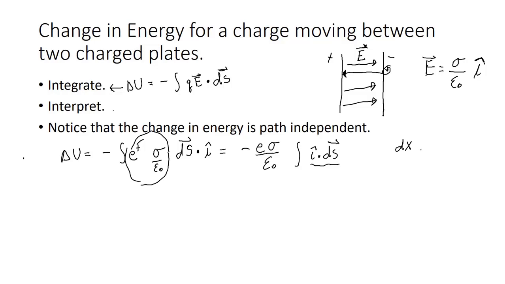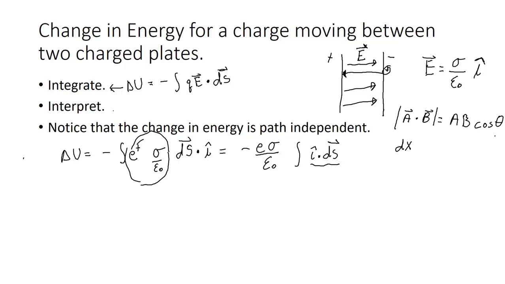And we know that because the general formula for a dot product is that magnitude A dot B is equal to magnitude A, magnitude B, cosine of the angle between them. So in the x direction, that cosine term is going to be 1.